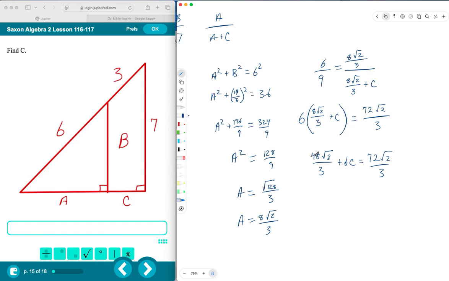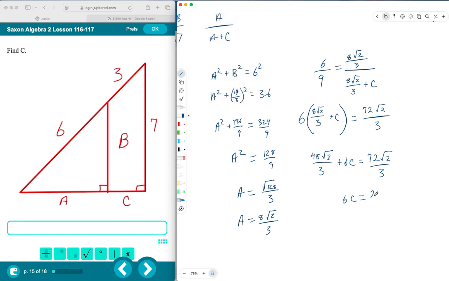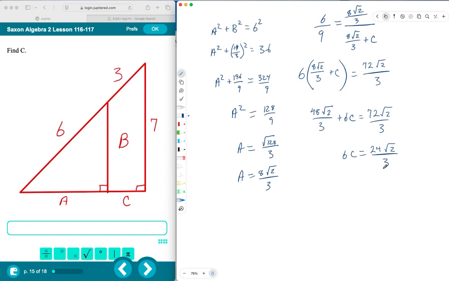If I subtract this from both sides, I get 6C is equal to 72 minus 48, which equals 24. So 24 times the square root of 2 over 3. I can reduce this because 24 is divisible by 3. 6C is equal to 8 times the square root of 2.